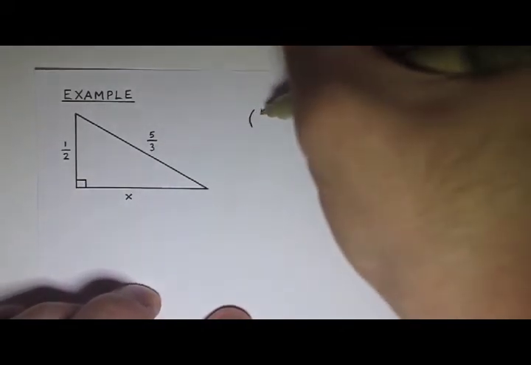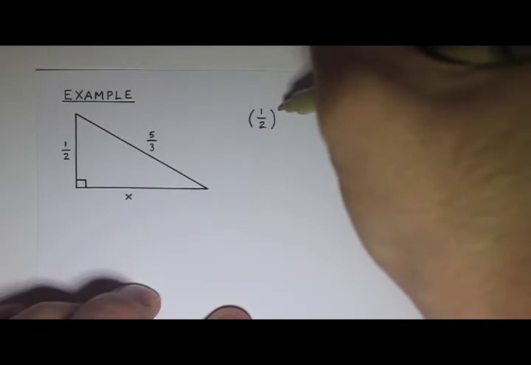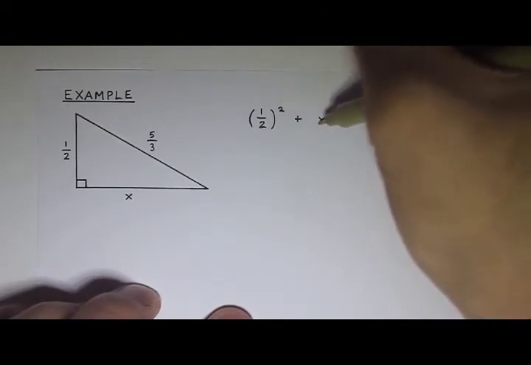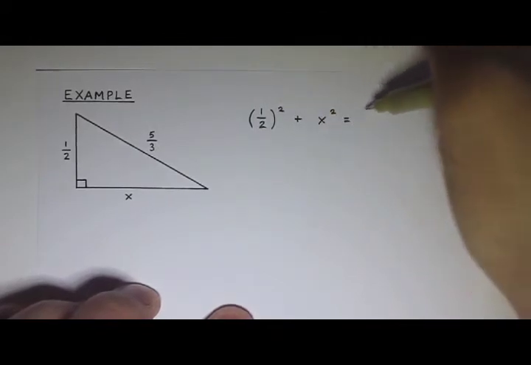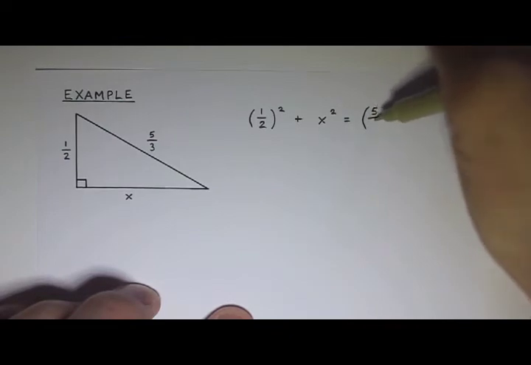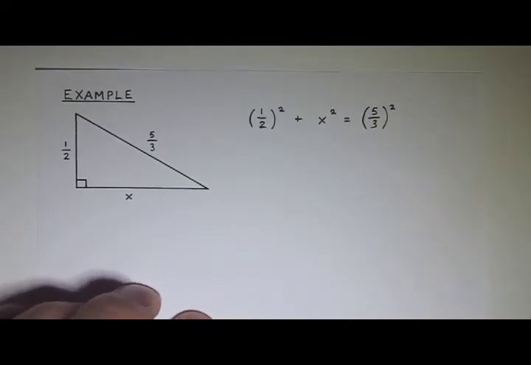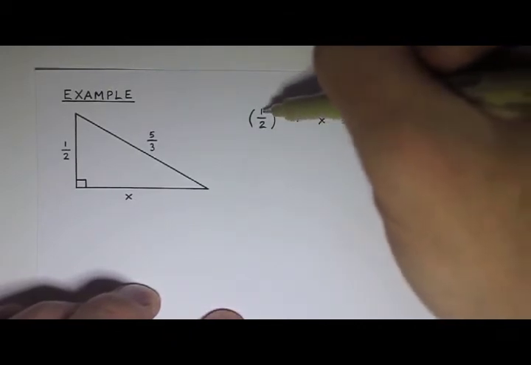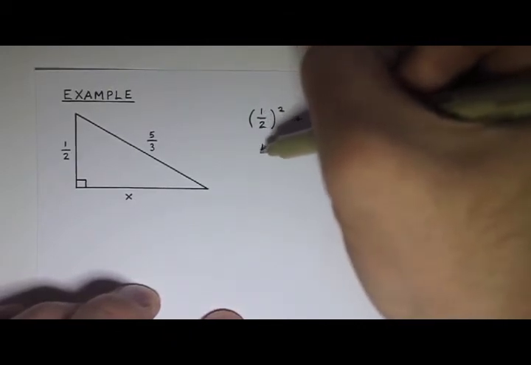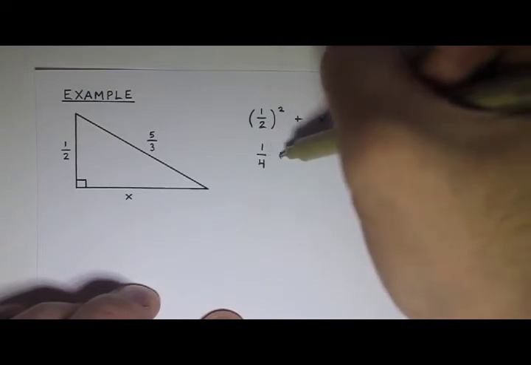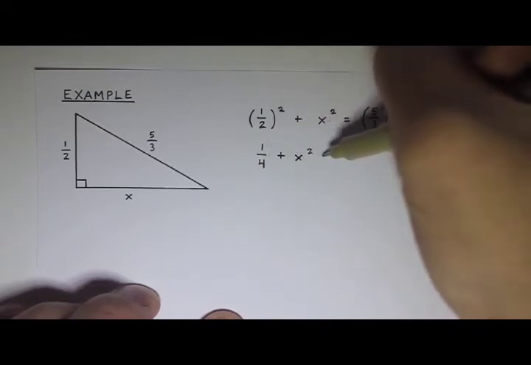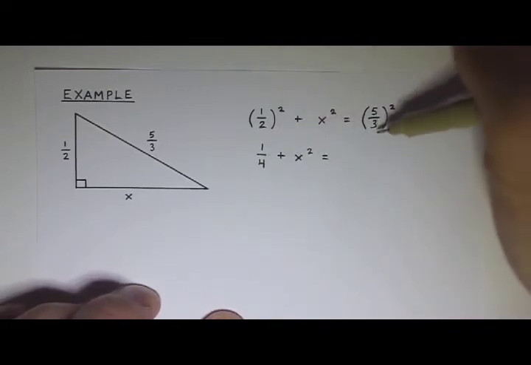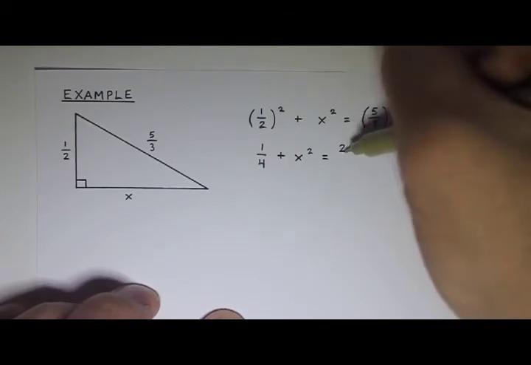So that would be 1/2 squared plus x squared, and then the hypotenuse, 5/3 squared. Okay. And we can square these. 1/2 squared, that's 1 squared over 2 squared, which is 1/4, plus x squared equals, and then that's 5 squared over 3 squared, or 25 ninths.